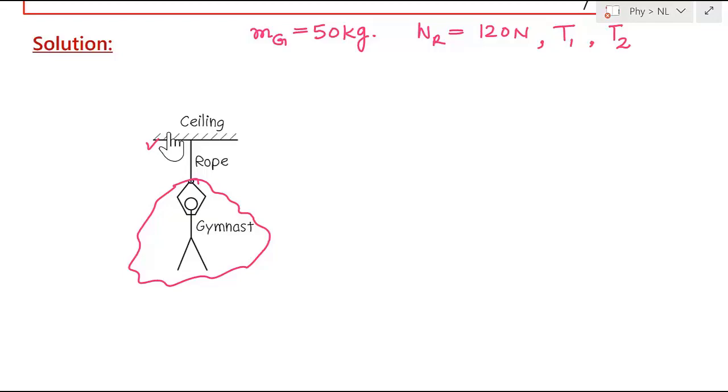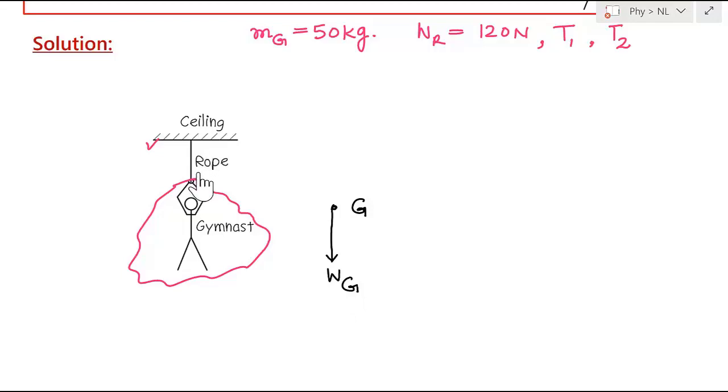Since we have two unknown variables, that is T1 and T2, if we can take two free body diagrams and we can write two independent equations, we can solve this problem. So if I draw the free body diagram of the gymnast, let us denote the gymnast by a point. One force acting in the downward direction is the weight of the gymnast, that is Wg. Now what are other forces that are acting?